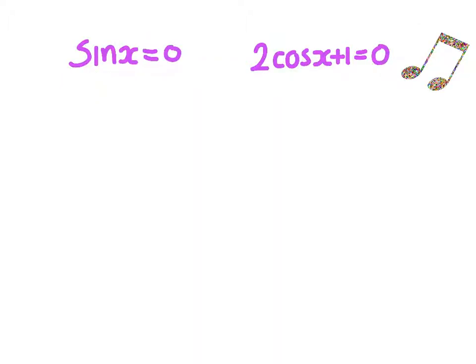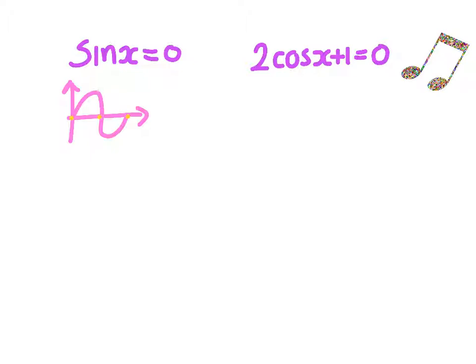So to find out when sin x is equal to 0, I'm just going to be sketching the graph of sin x. And I can see that there are 3 points where that hits 0. And I just want to check the conditions I was given on this particular question.